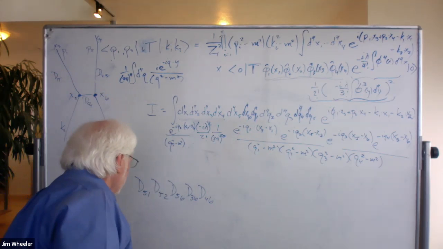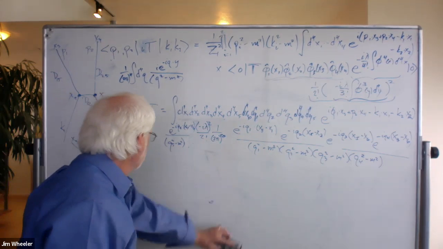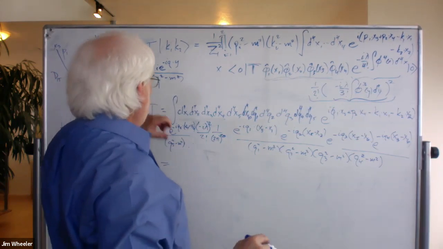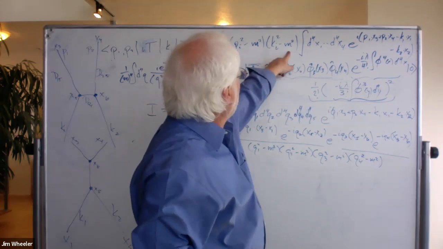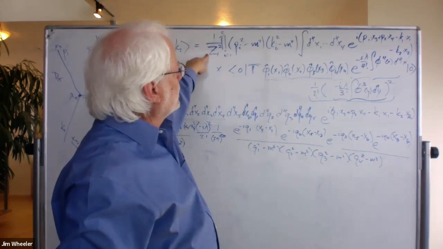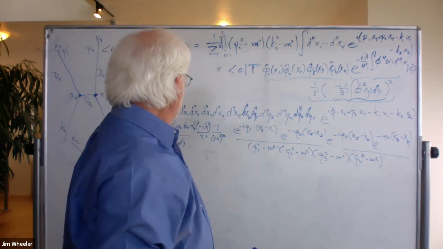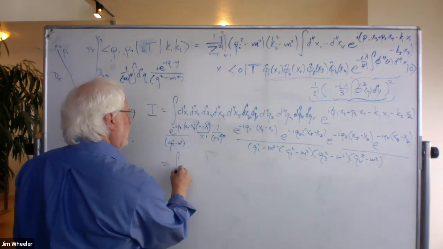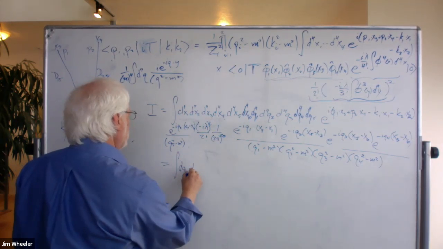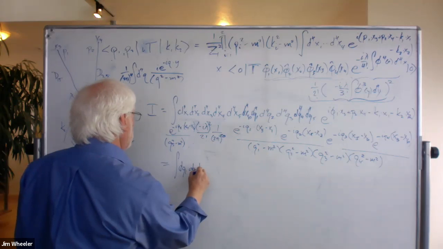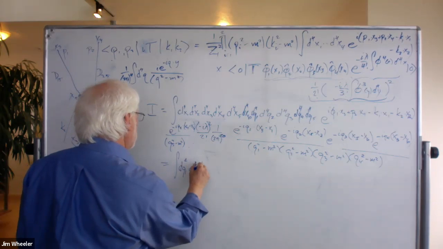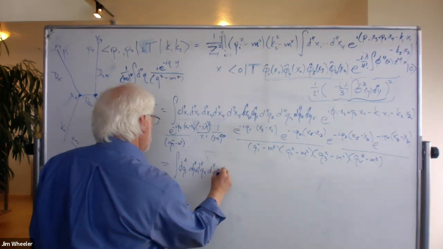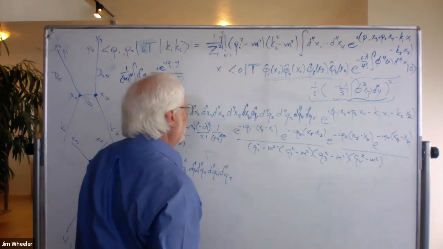Good. All right, and I'm going to get this out of our way so we can do all these integrals. So this integral goes here. Then we have these numerator factors and the 1 over z squared. All right, we have d, we're still going to have the dq's, like that.